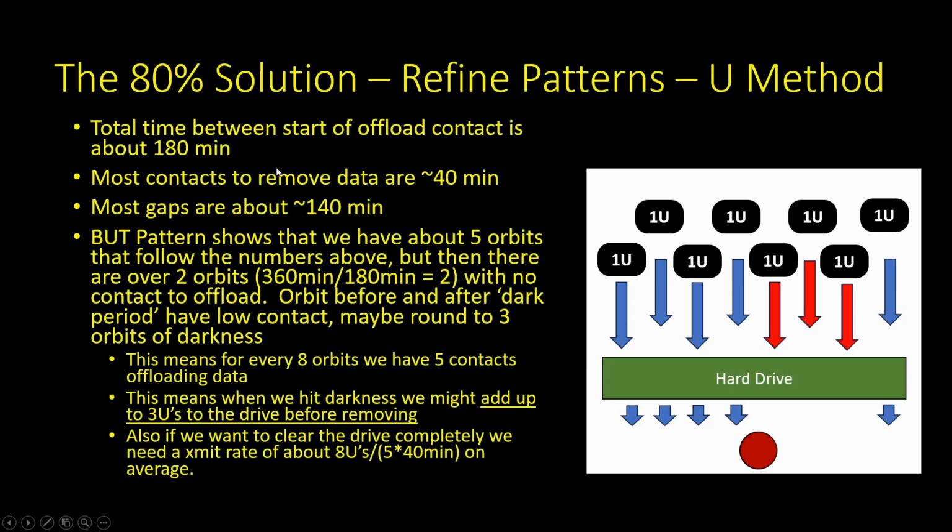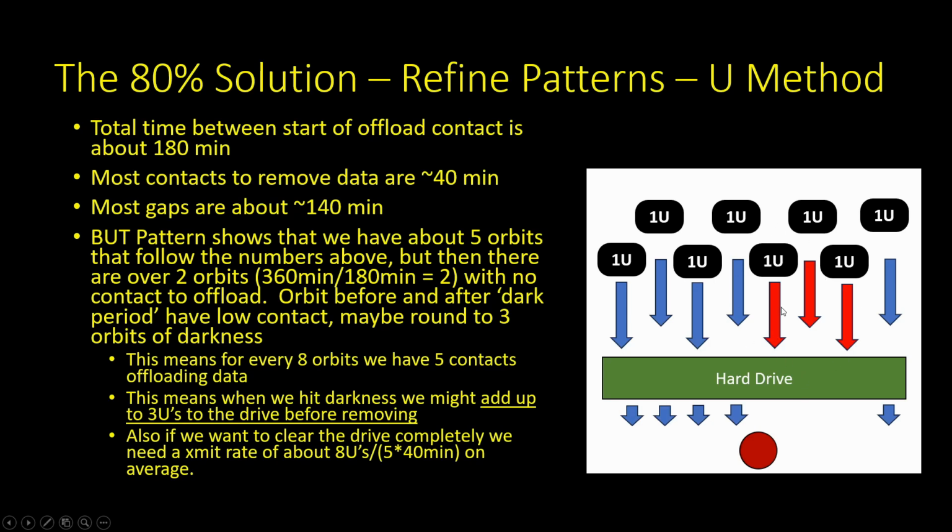My U is now 180 minutes times whatever my scan period is, and now I know my hard drive, if I want to catch all of my data, needs to be more than just 1 U. I now know I'm going to add at least 2 U's into the hard drive, and maybe upwards of 3 U's.